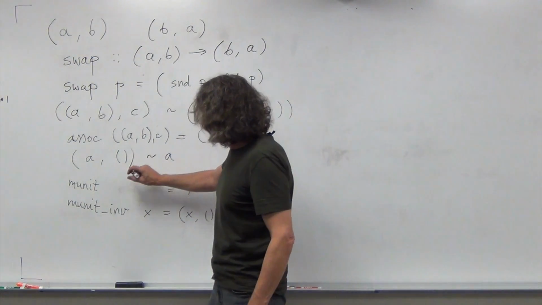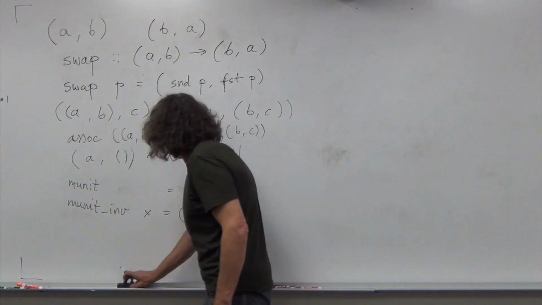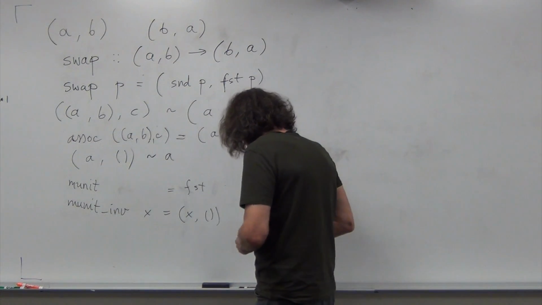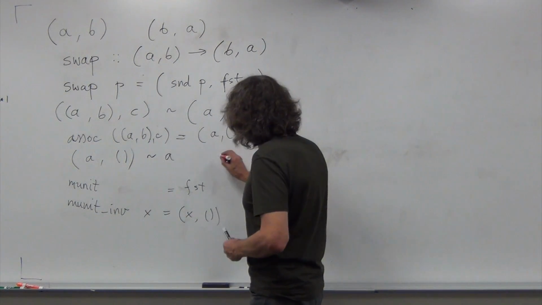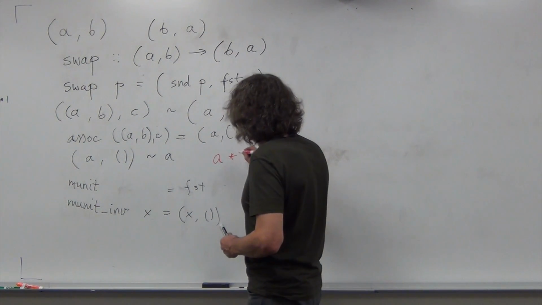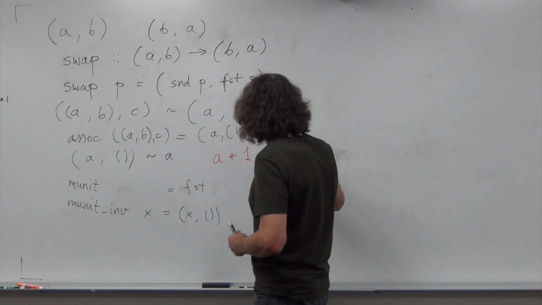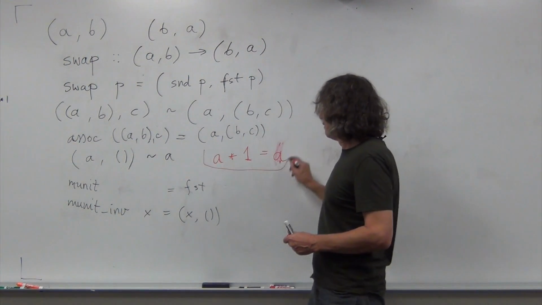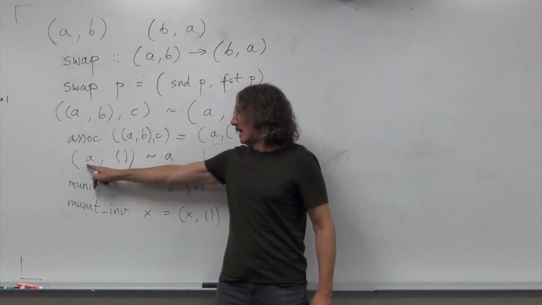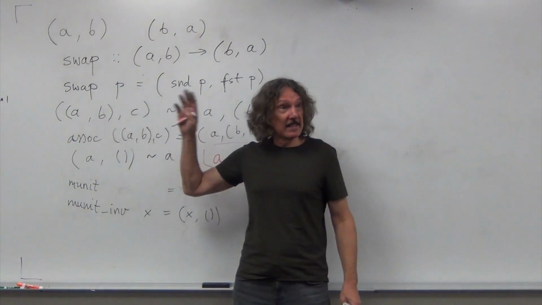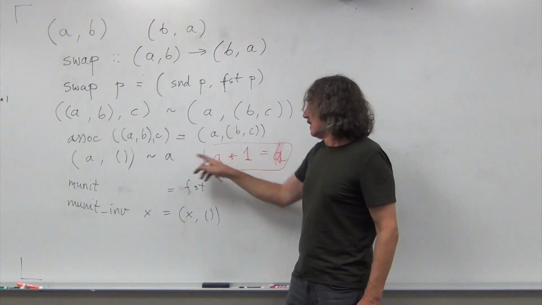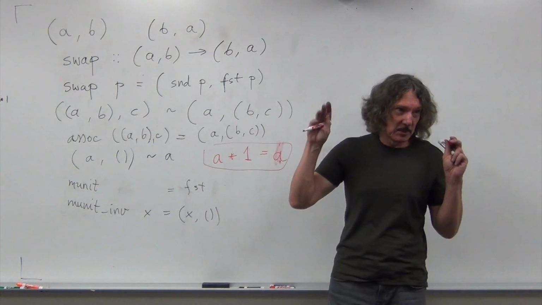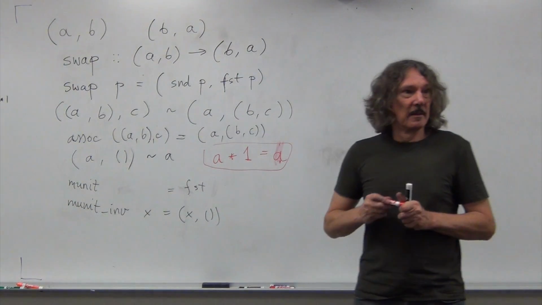I can write this in this weird notation. I can write it as A times 1 equals A, right? A times 1, where 1 stands for unit type, is the same as A. Where equals means really up to isomorphism.